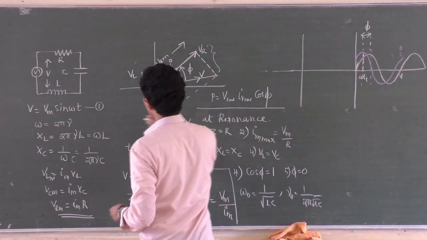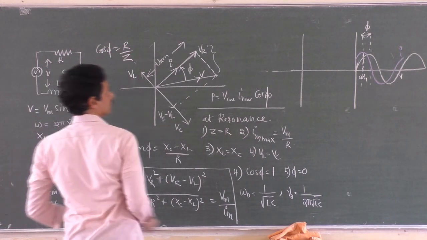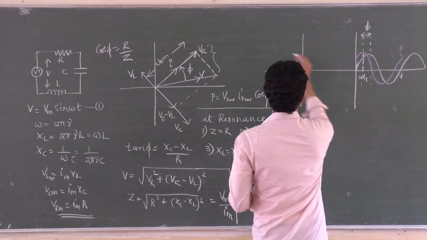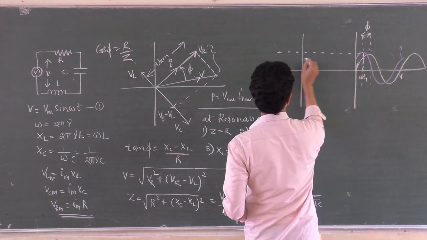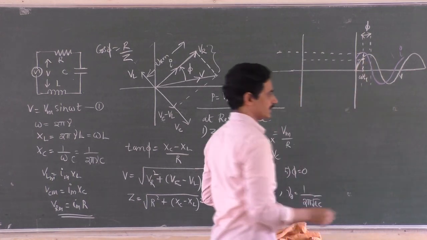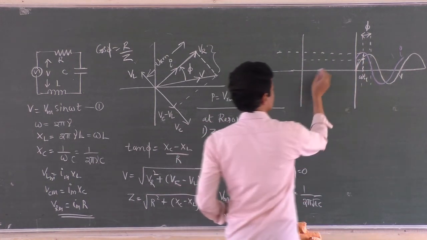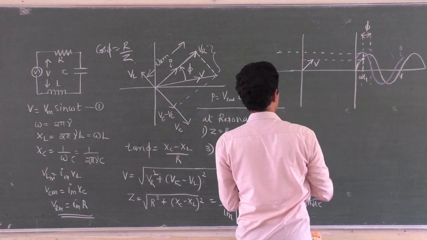Okay, I can include the cos phi equals R by Z formula here, right? Yeah, so current will be somewhere here, and voltage will be somewhere here. This is the voltage phasor, this one V. And what about current? Current will be somewhere here.